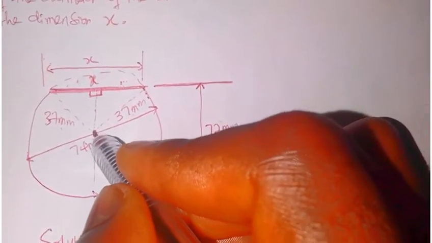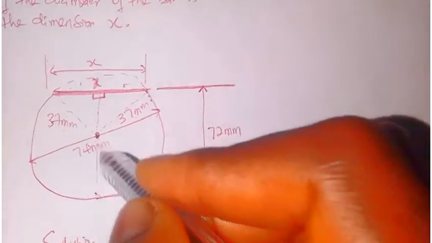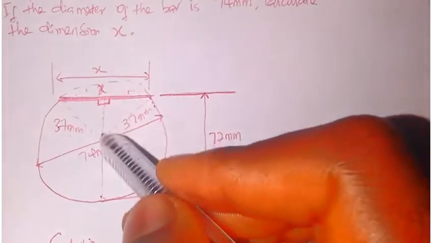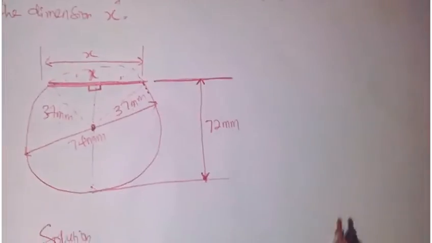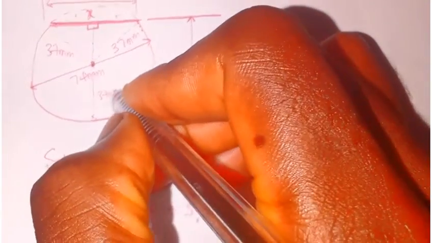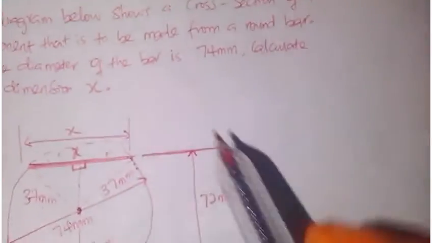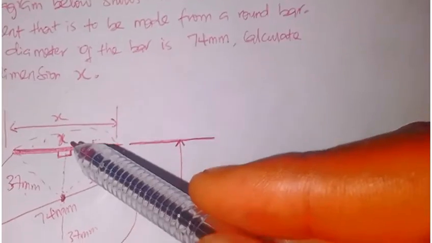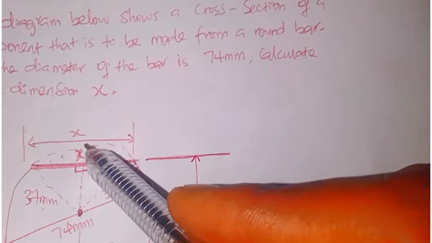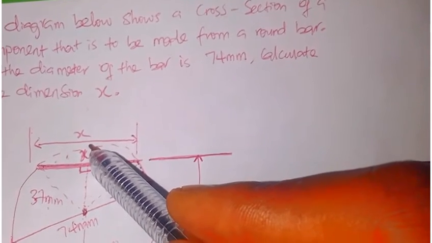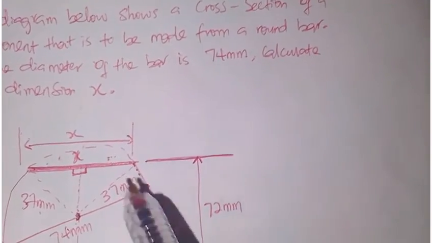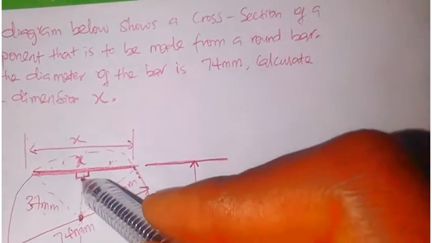So from the center to this end is 37. I just need to know this part. Let's draw it out. This is 37 millimeters. From here down to this point of the circle, if I was to complete the circle, must be 37. How will I know what this small one is?